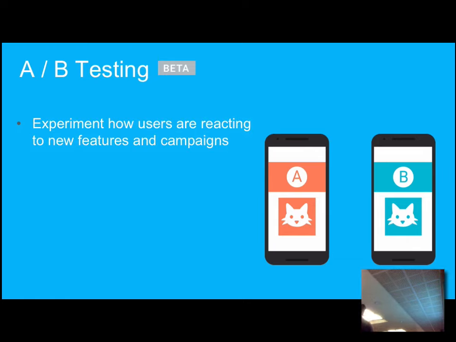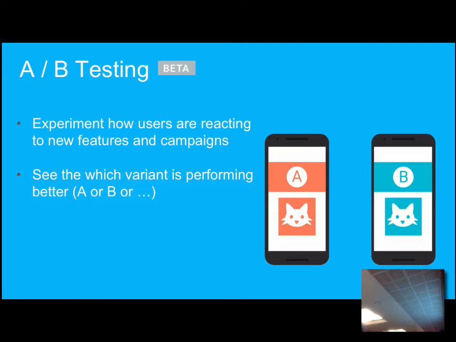You can experiment with how users are reacting to new features, and you can see which variant is performing better. You can define some success criteria, like I want my users to use this feature. So this is part 1 to do it, this is part 2 to do it. In this demo app, I want users to share the photo, but if people are not sharing it, I want them to share it more.